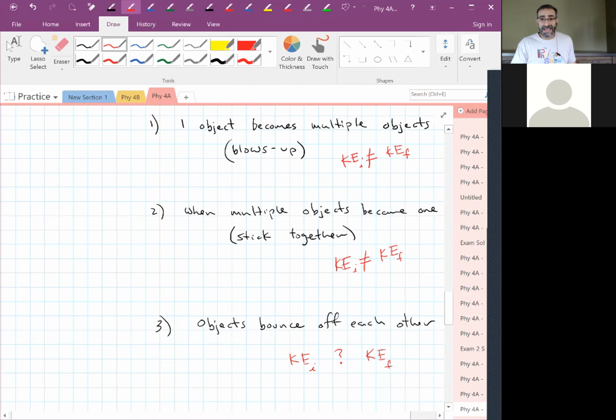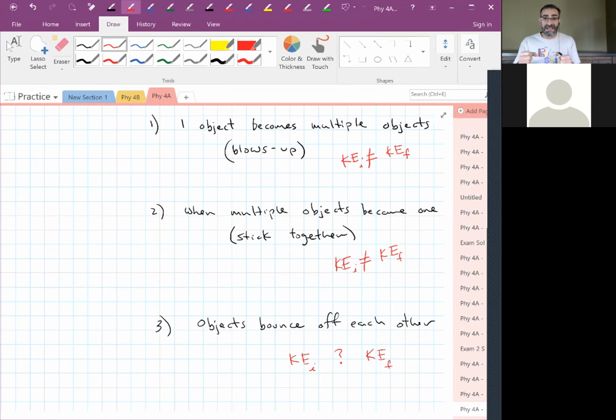There are cases where things bounce off each other and the kinetic energy is the same before and after the collision. We give that a very special name. We say it's an elastic collision.